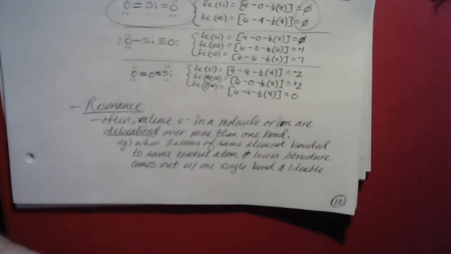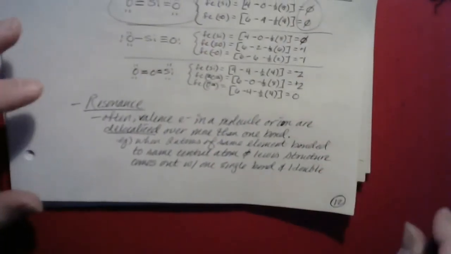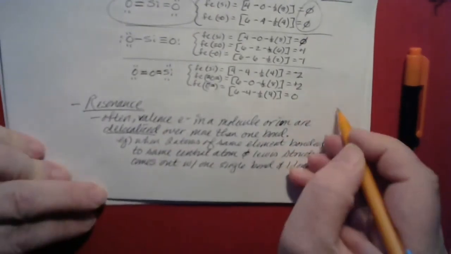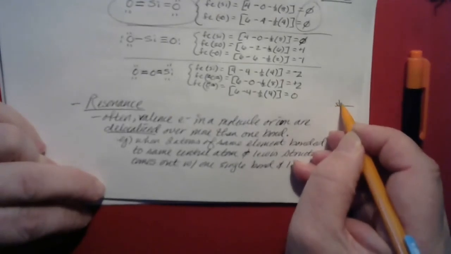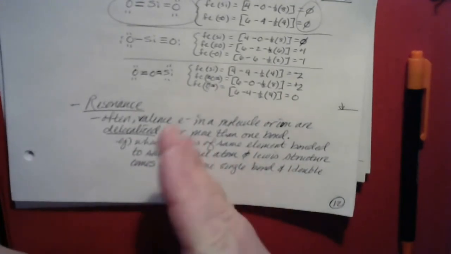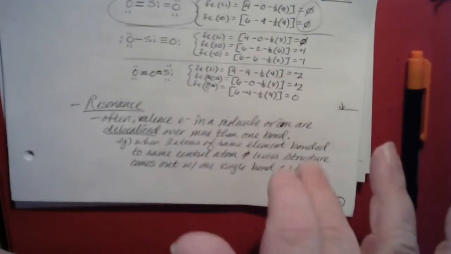Let's see, the next topic here that we come to is resonance. I'll just go into this in a little detail because we're getting close to the end of this segment, so I'll count this as the official end. But resonance happens sometimes in molecules where you have a central atom that's bonded to outer atoms that are the same as each other.